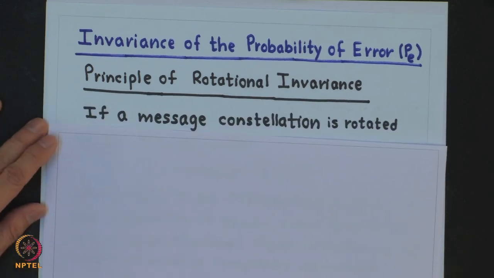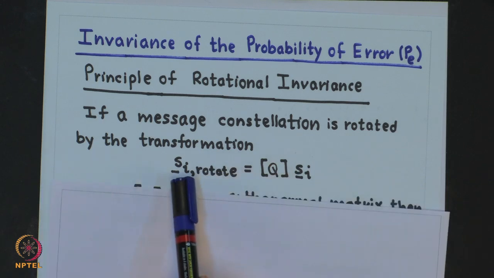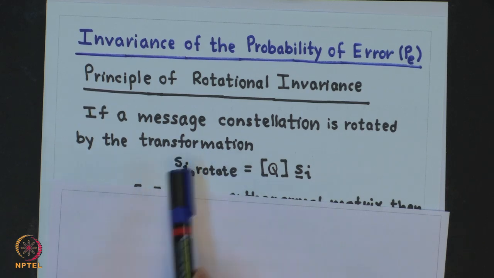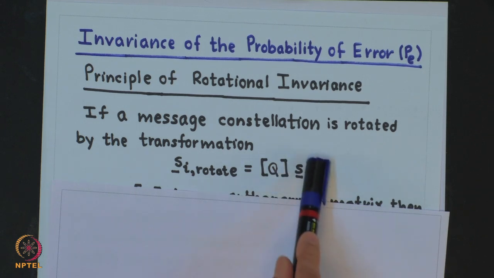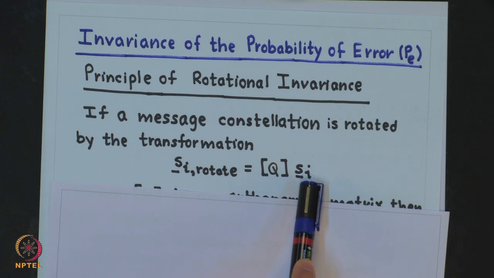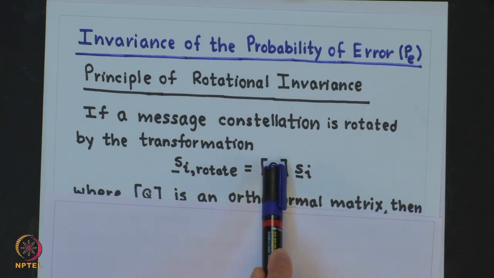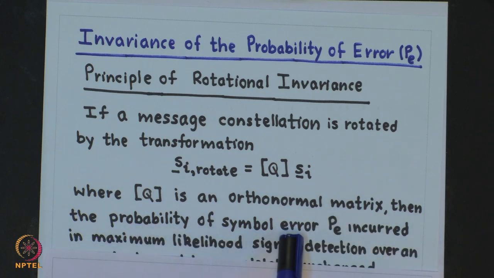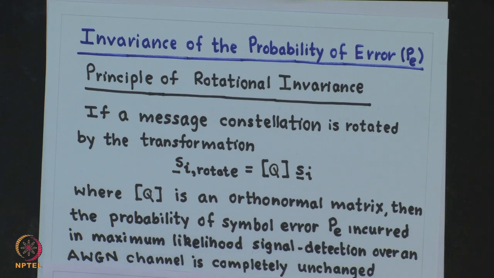What it says is as follows: if a message constellation is rotated by the transformation s_i rotated equals Q s_i, where s_i is the signal vector corresponding to a message signal, and this transformation matrix Q is an orthonormal matrix, then we will show that the probability of symbol error, which we denote as Pe, incurred in maximum likelihood signal detection over an AWGN channel is completely unchanged.